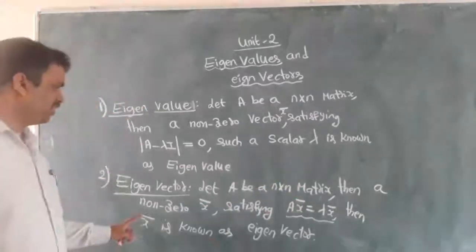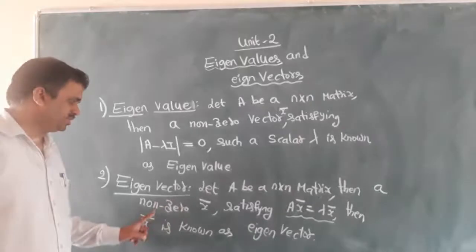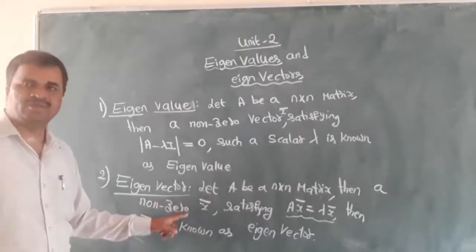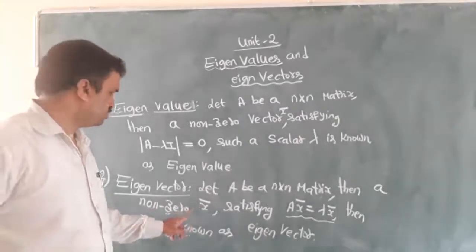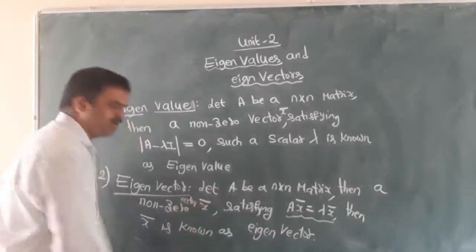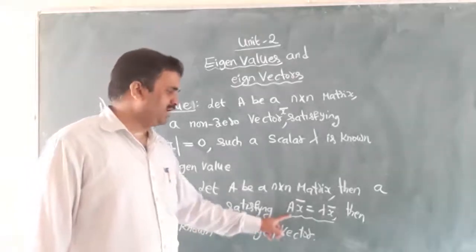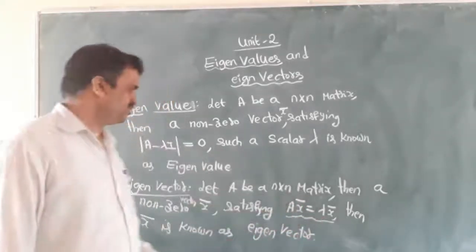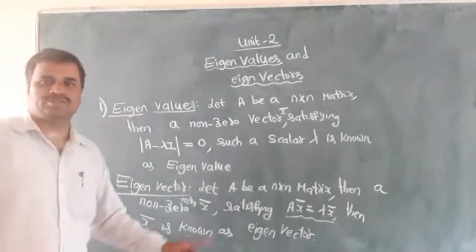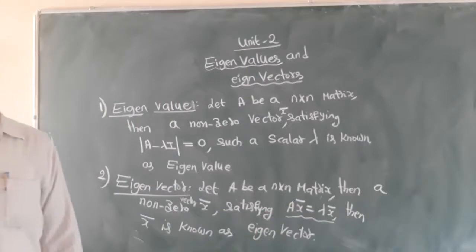Then a non-zero vector x bar satisfying A x bar is equal to lambda x bar, then x bar is known as an eigenvector.